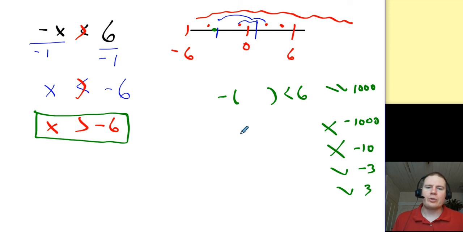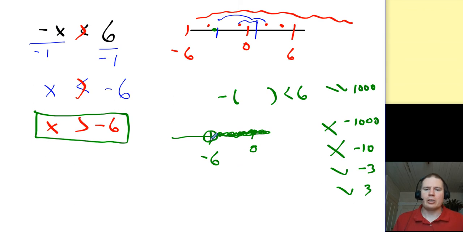And if we're not sure if x is on the right or on the left, we can just pick test cases on either side. A number bigger than negative 6 is 0. So I'm wondering, is 0 possibly a solution to the original? The opposite of 0 is 0. 0 is less than 6. Yes. If 0 works, everything else on the same side as 0 is going to work.